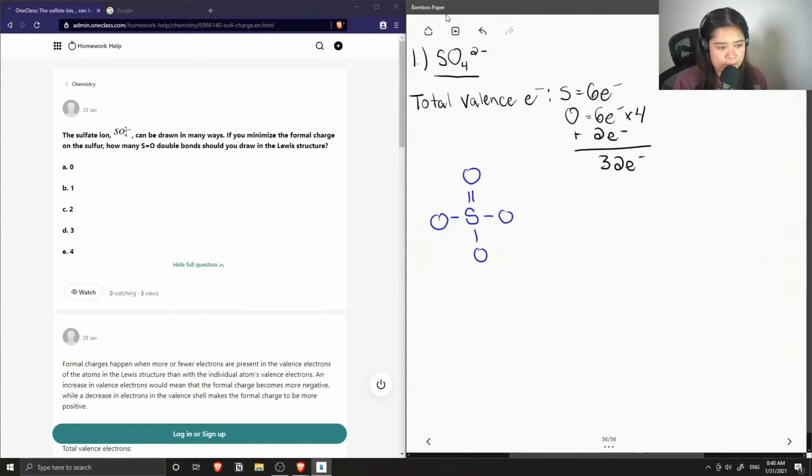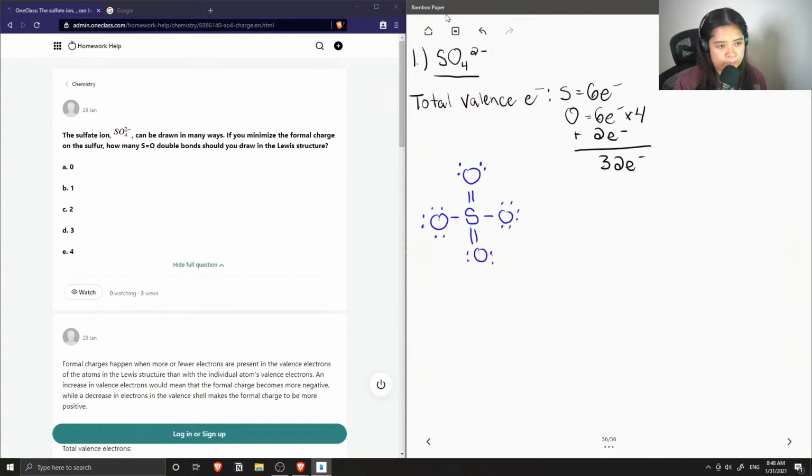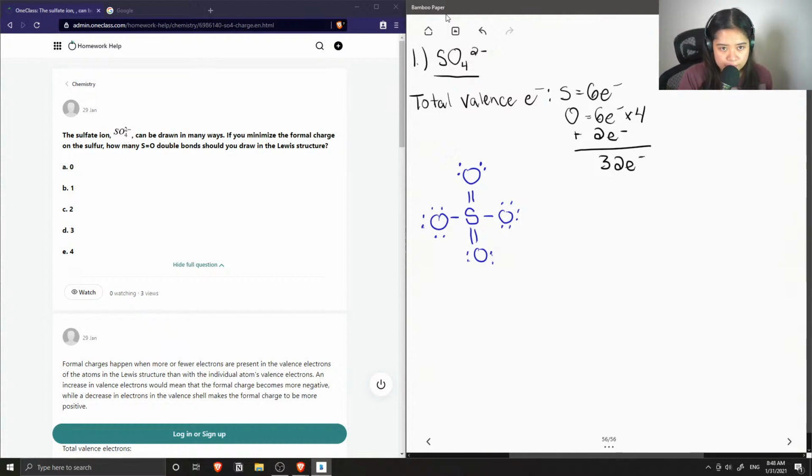So I'm just going to draw 2 double bonds, 2 of them, and fill in the lone pairs. So I know that single bonded oxygens will contain a negative charge, and I know that the double bonded oxygens will be neutral. So another way I can double check that is by calculating the formal charge.